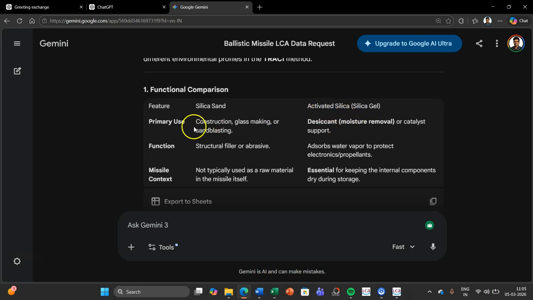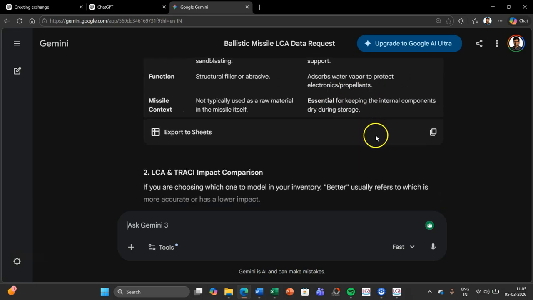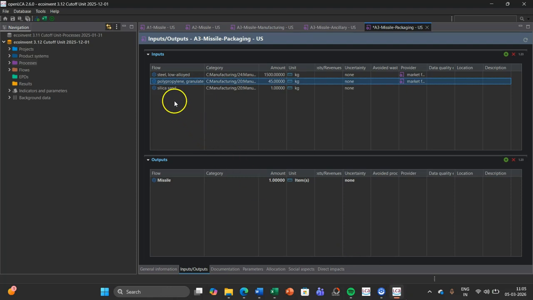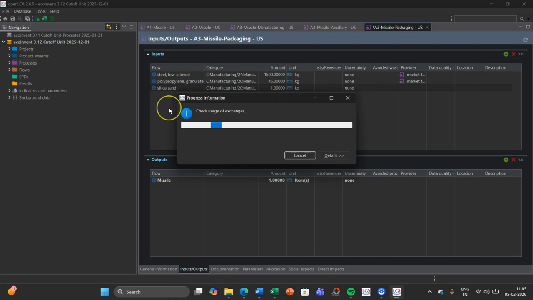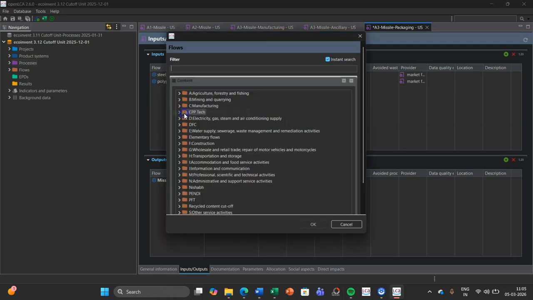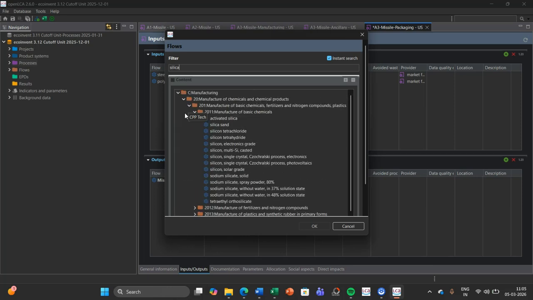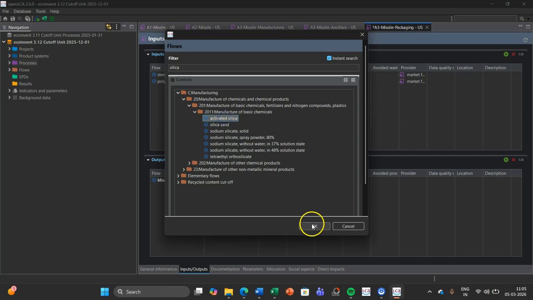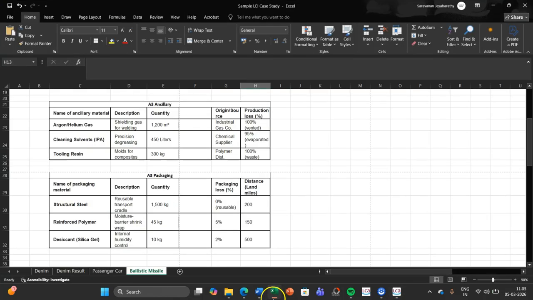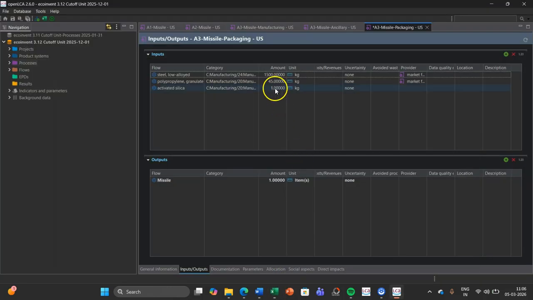Okay, here it is. Then desiccant, we can use activated silica as silica gel, not silica sand. Okay, activated silica. Okay, nice. What's the value? 10 kg.